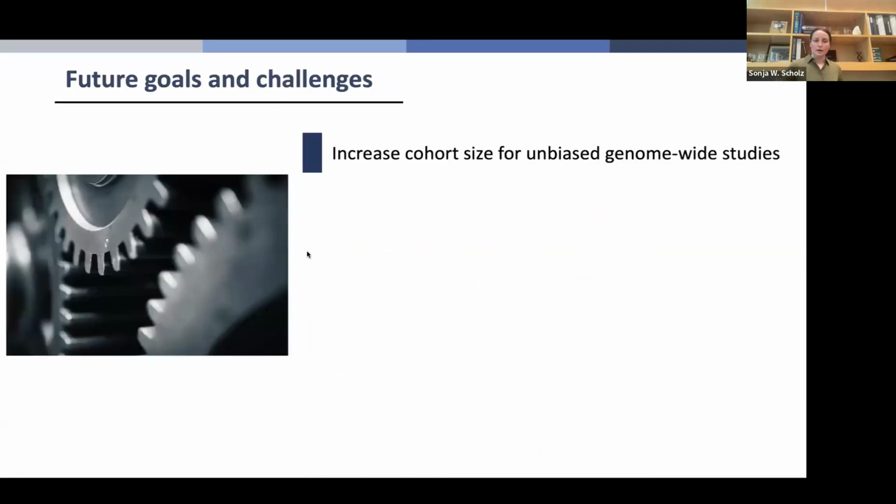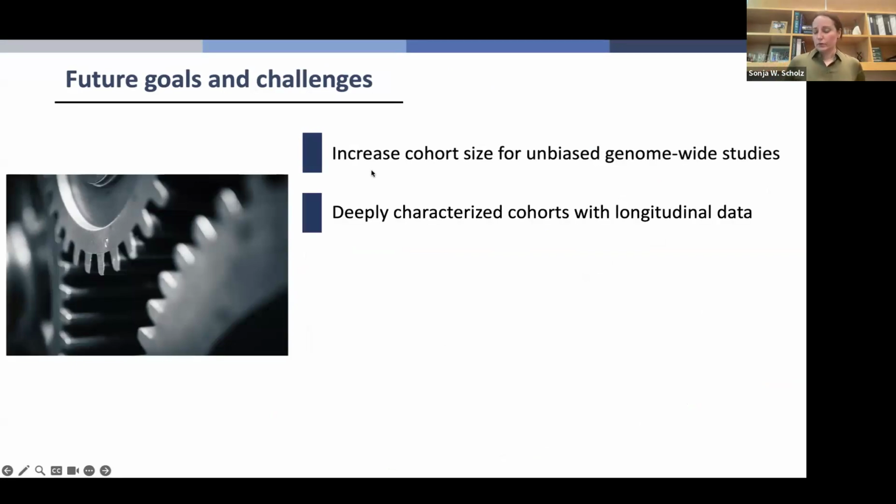And so there are some challenges that we'll have to tackle as a research community and as a healthcare community. We need more patients to participate in various research studies. So we need larger cohorts, ideally thousands of patients, to drive up the numbers. And that's where the genomic tools are really powerful.